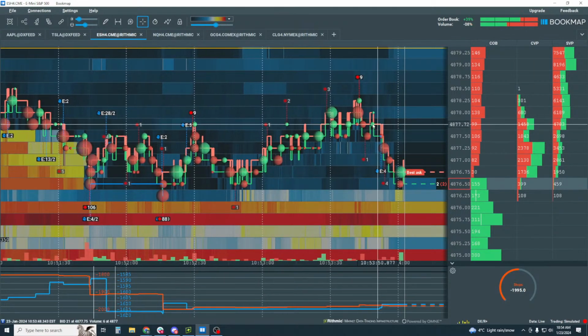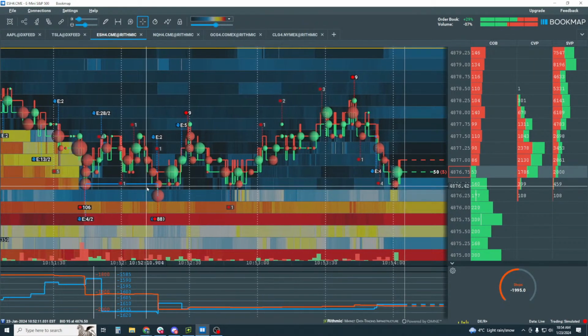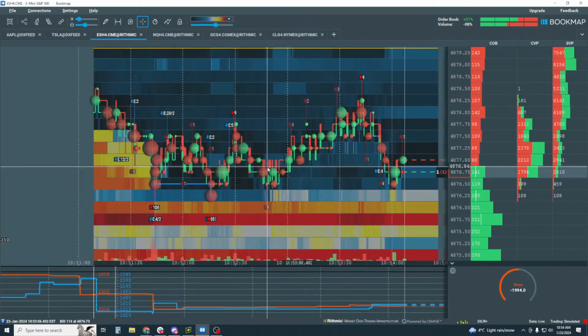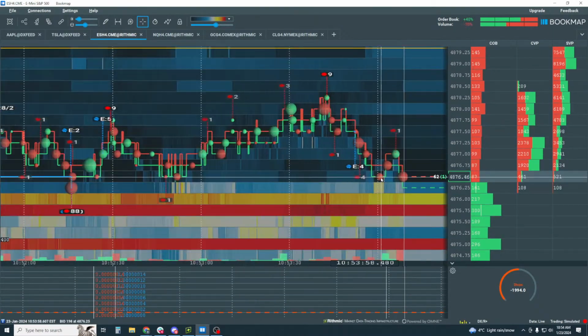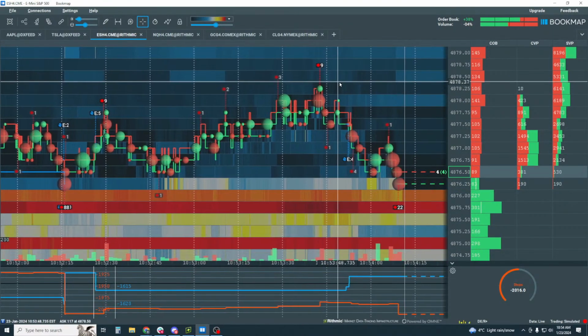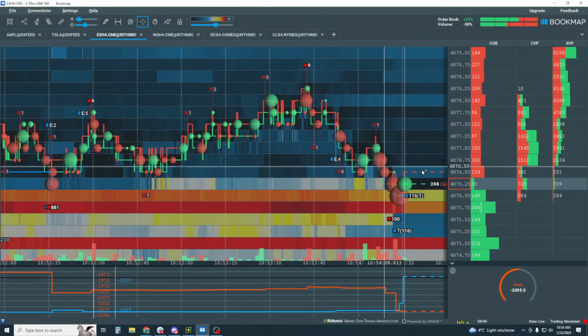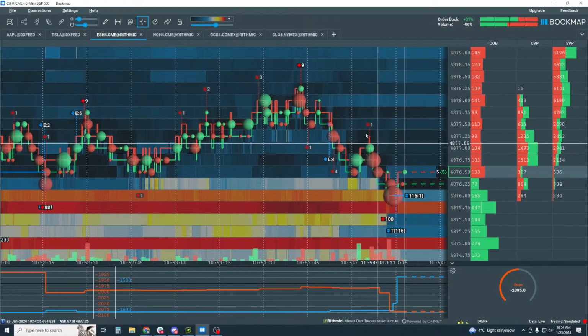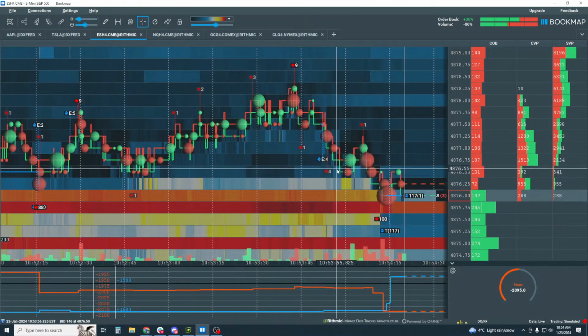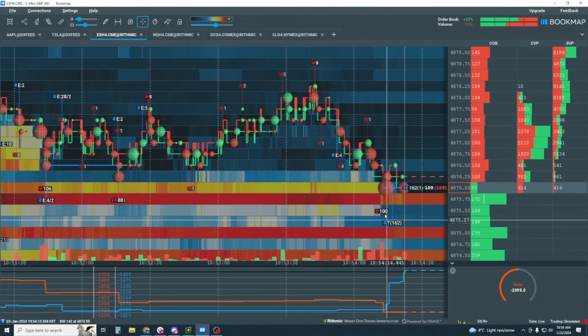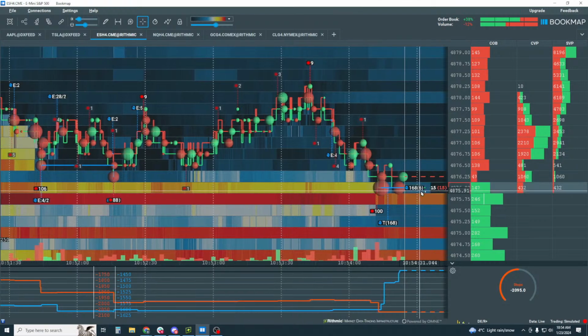So more sellers hitting back down into these lower levels again, and we're going to start to evaluate the demand and the supply in here. There's more sellers still. They've just traded into more liquidity here. Another iceberg just going off here, 168.